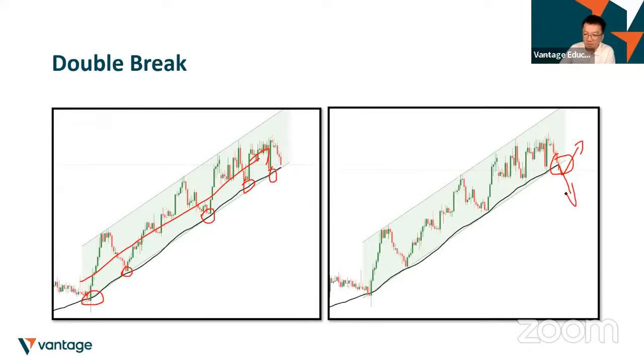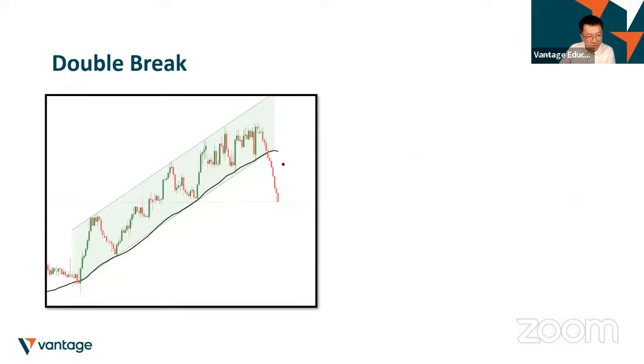As it breaks two indicators, the 200 SMA and also the upward channel, the lower support of the upward channel, if it breaks two, then you're likely to see a big move towards the downside, because it's telling you the same thing, right? It's telling you that price has broken not just one price indicator, but two price indicators. We're going to see a big, strong downward move.